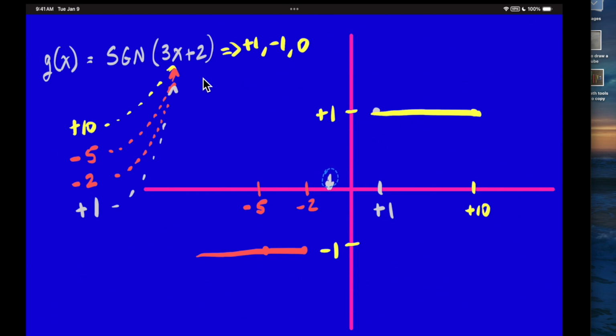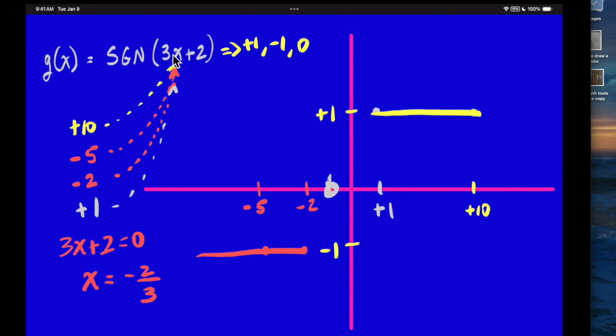Well, folks, the answer is we set that equal to 0. So we take that parentheses and set it equal to 0. 3x plus 2 equals 0. We're going to get x equals negative 2/3. So when x equals negative 2/3 right here, that is going to be 0. The sine function is going to be 0.